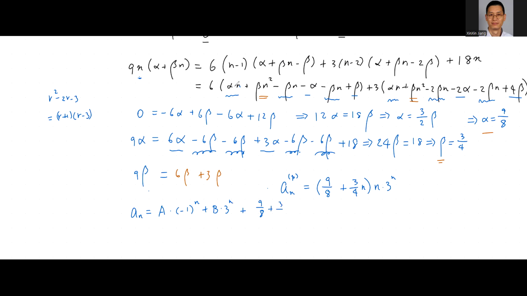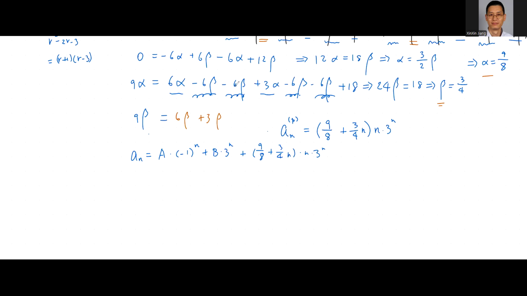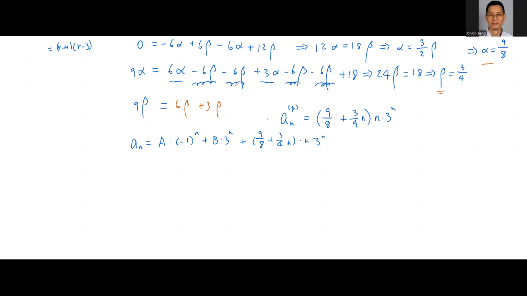And we do have two initial values. For this method, we don't need to find a2 and a3. So we have a0 equals 0, a1 equals 1.